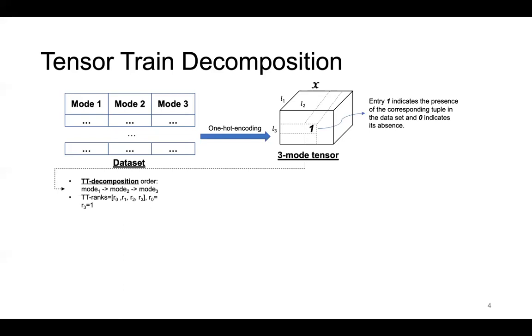So if we start applying tensor train decomposition to this 3-mode tensor, the first step is that we have to decide the TT decomposition order. In this example, we use mode 1 as the first mode we want to decompose, and then we select mode 2, and finally mode 3.